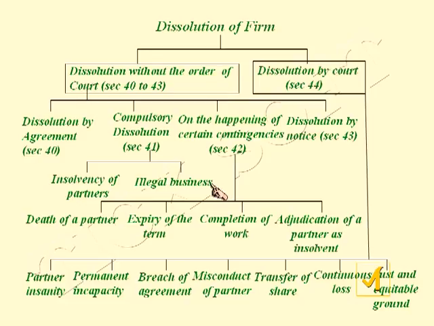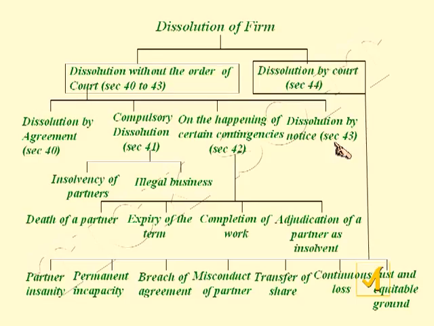Then the third one, on the happening of certain contingencies, section 42, has some contingencies: death of a partner, expiry of the term, completion of work, or adjudication of a partner as insolvent. In all these cases, the partnership comes to an end. Then the fourth one is dissolution by notice, that is section 43, with no subclassification.